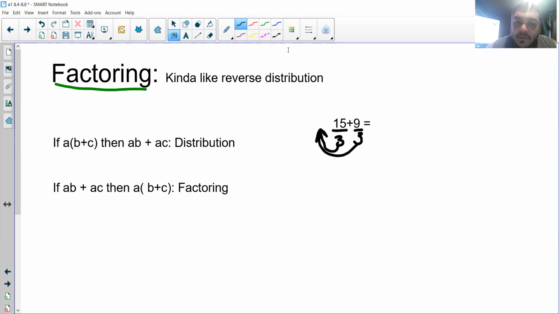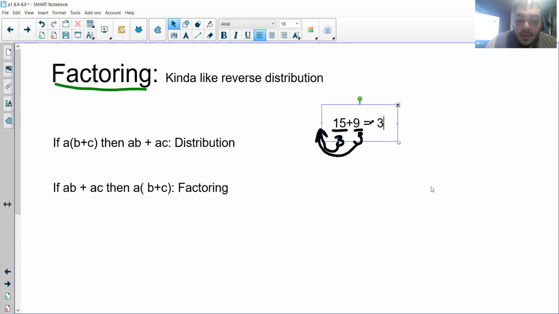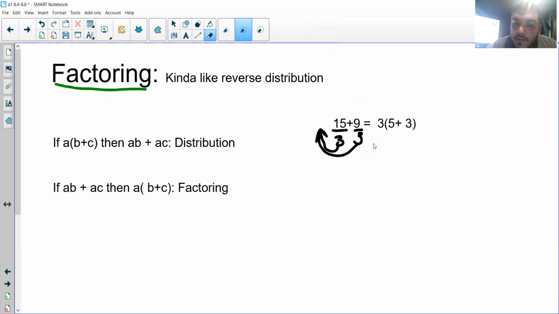So I would get 3 parentheses, 15 divided by 3 is 5, and 9 divided by 3 is 3. So you can take out a 3.